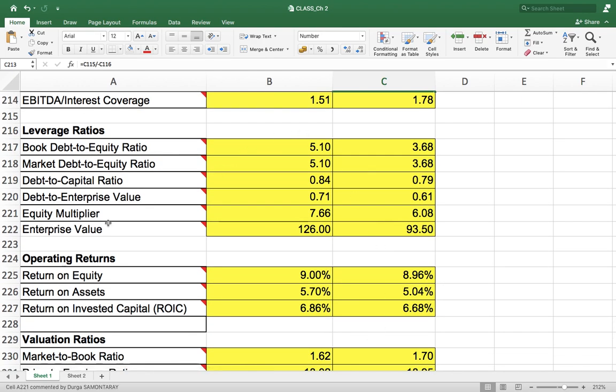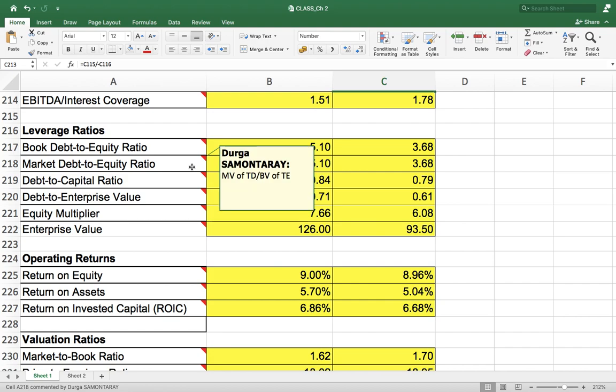Next is the leverage ratio for the company. Here is the book debt to equity ratio. The formulas are given here: the book value of total debt divided by book value of total equity. That will be the book debt to equity ratio, as the formula itself makes it clear.